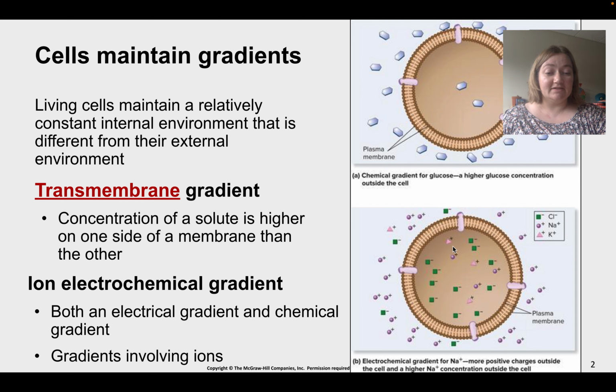And if we look at the chloride ions, we see that there are many more inside of the cell than outside. Overall, regardless of what molecules are inside and outside, looking at just the charges, we can see that inside of our cell is more negatively charged than outside of the cell. So now we have gradients involving ions and gradients involving charges.